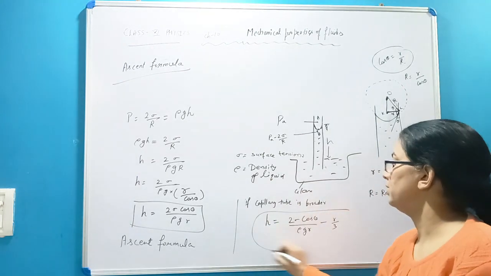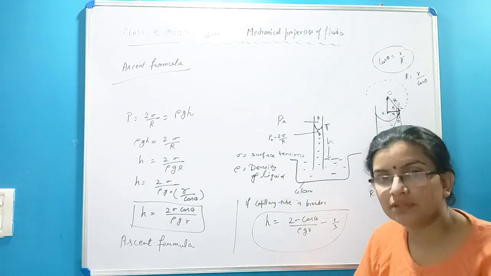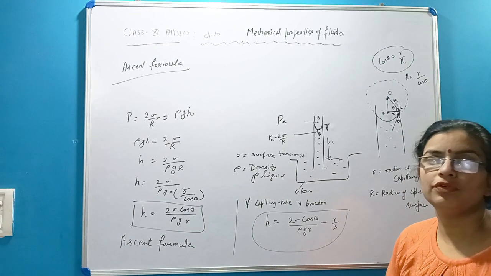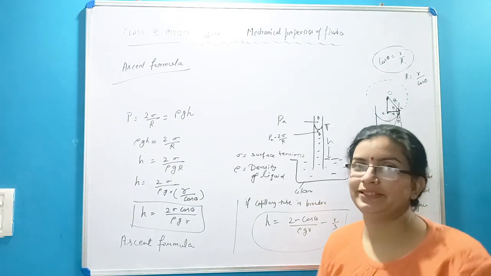So this term, minus r by 3, is also introduced. I wish you understood the chapter. In the next class we will solve a few numericals, and afterwards we will go to thermal properties of matter. Till then, bye.